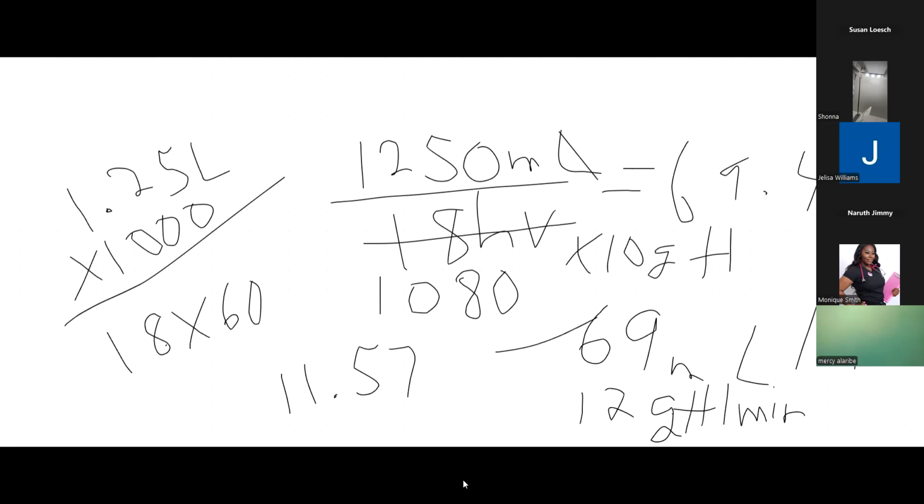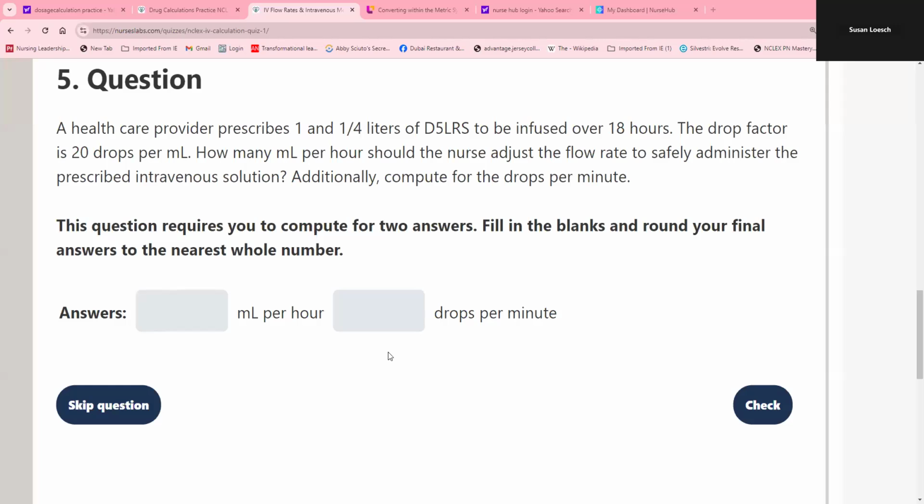Let's see if we're correct. Oh, our drop factor was 20. Let's go back, because that second answer is going to be wrong. So let's go back and get the right drop factor and put it in there. Let's see, which one were we on?